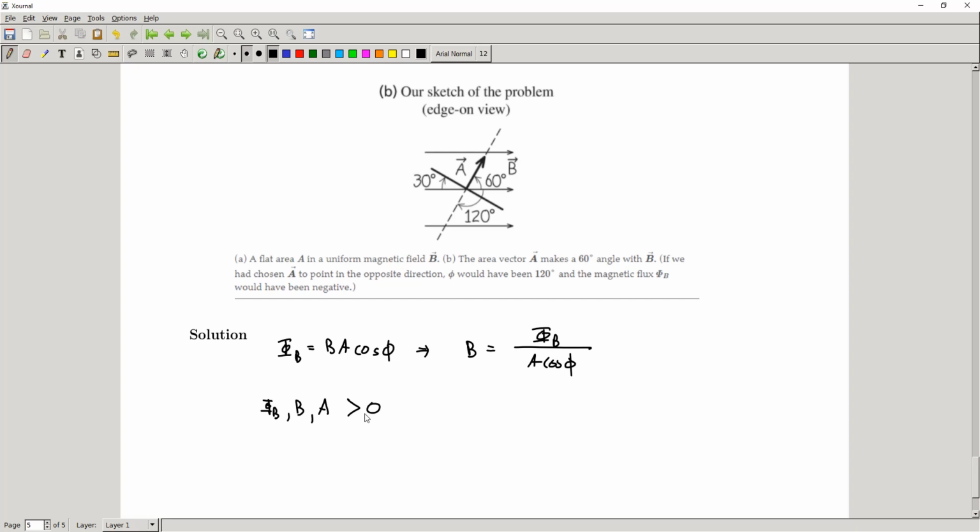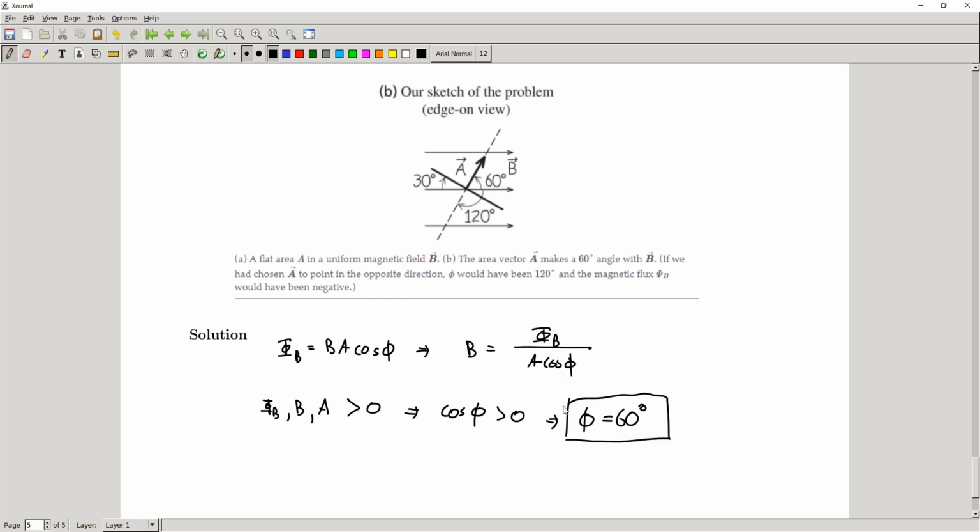Because of that, we're going to need our cos phi here to be a positive value, right? Otherwise, we're going to pick up a minus sign, and this isn't going to be true. So we need all of these to be positive values. This means that the cosine of 120 degrees is out of the question, and that means that we need our cos phi to be greater than 0, and this means that we need phi to be equal to 60 degrees.